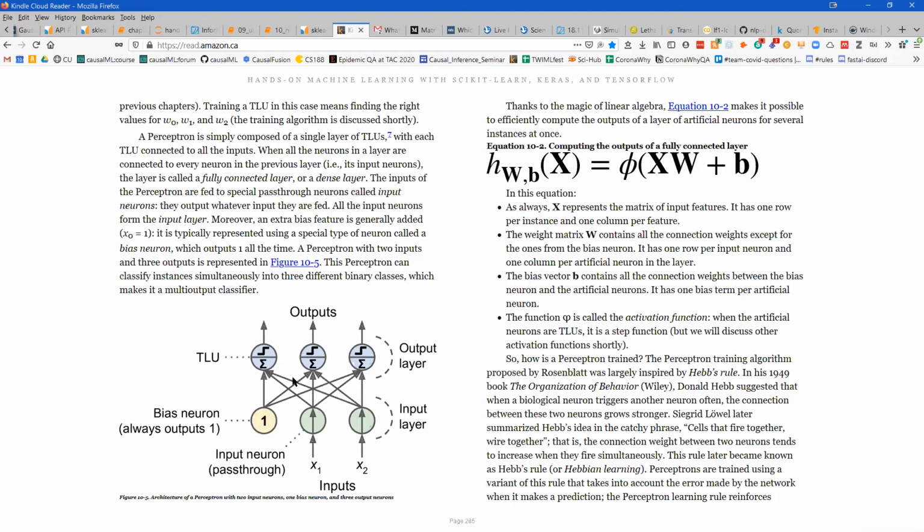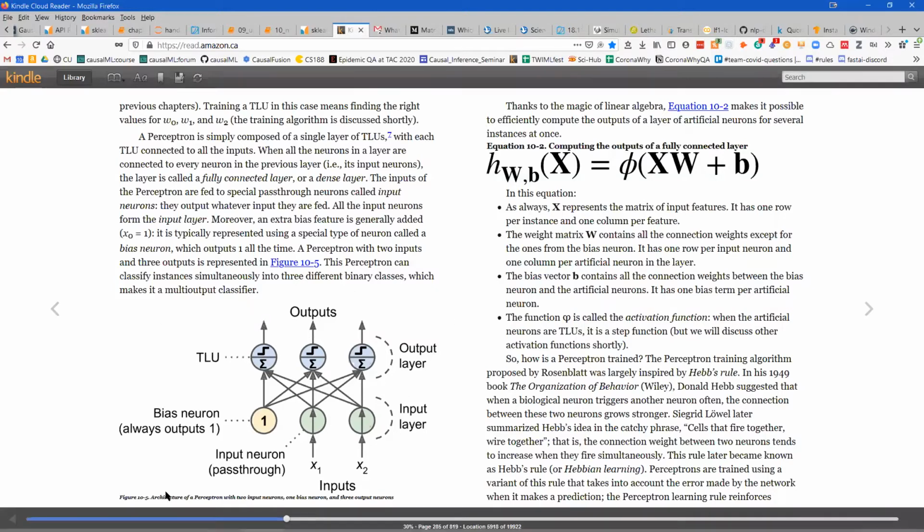Okay, so this is what a perceptron would look like in general. It can be composed of more than one TLU. Sometimes people think of a perceptron as just one TLU, but in fact, a perceptron is a layer of TLUs. It can have as many as you want. So this is basically the simplest diagram of a perceptron.